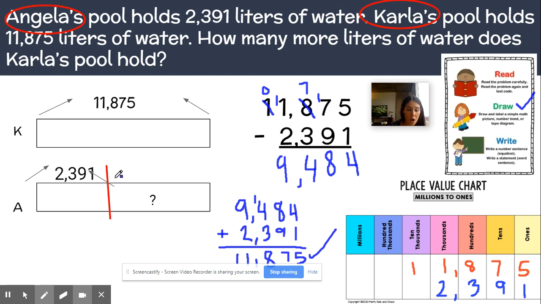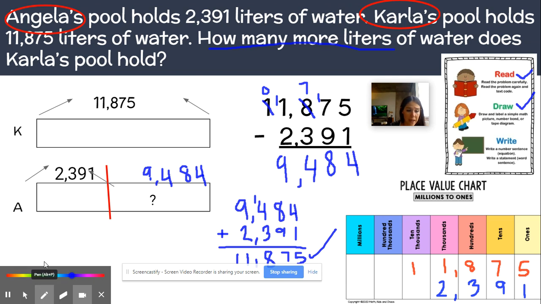So I now know that this is 9,484. Okay? I know I read my problem several times, but now I have to make sure I am writing how many more liters of water.